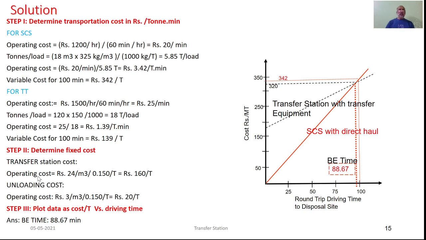So this operating cost works out to be rupees 160 per ton, whereas on that particular transfer station, the unloading costs work out to be rupees 20 per ton. Hence, the fixed cost works out to be rupees 180 per metric ton.